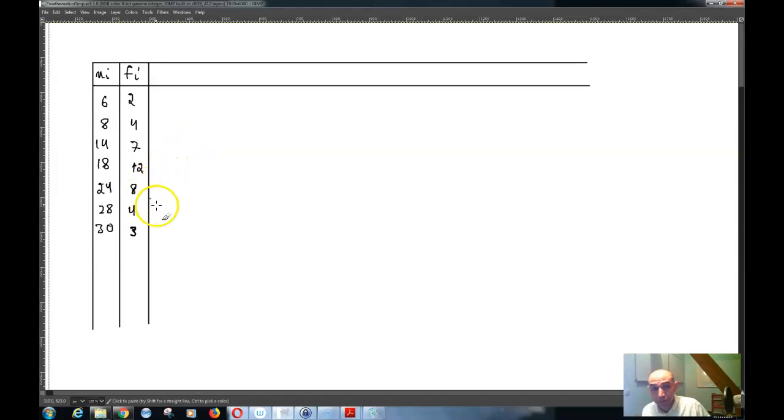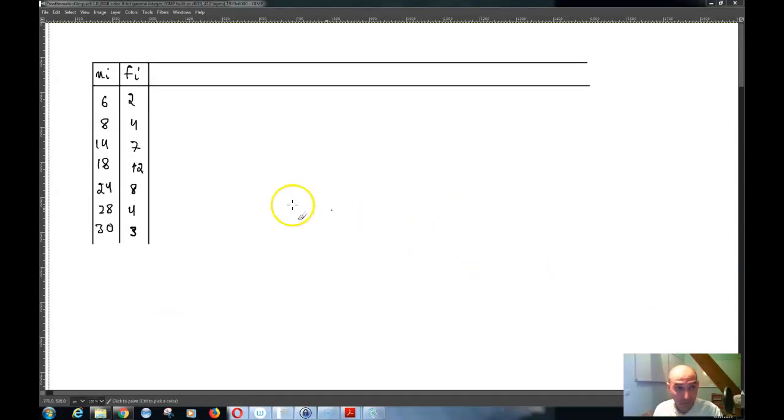Now, what you want to do is basically find the mean of this data. You know that if you want to find the mean of some observations, you could do it with x bar is equal to sigma f of i times x of i, as i goes from 1 to n, over sigma f of i, as i goes from 1 to n.